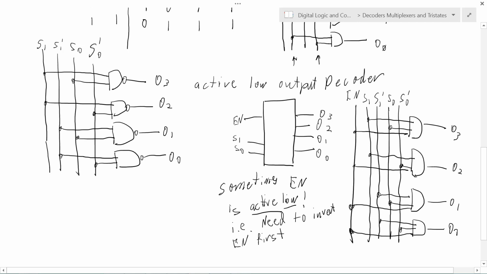So bear this in mind. And you may need to do some thinking if you wish to get the output inversions for an active low output decoder to work with an active high or active low enable signal. So think very carefully about the application and the truth tables that are specified in the data sheet if you are using somebody else's decoder, or if you are implementing your own.